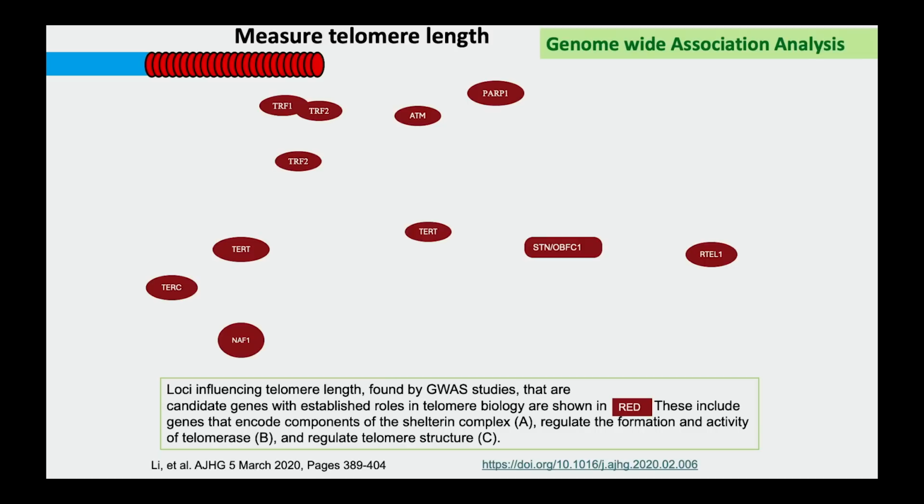And so, what are these proteins? Oh, by the way, we repeated some of these in a big cohort of 100,000 people. So this is well established that if you have variants in all these particular genes, they can have effects when you measure telomere length in humans, often done in peripheral blood mononuclear cells or leukocytes.